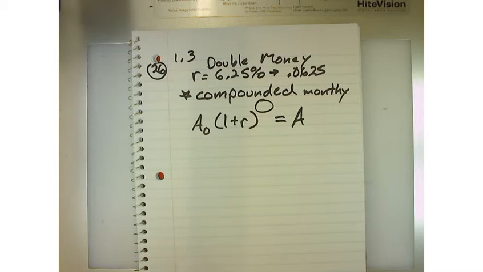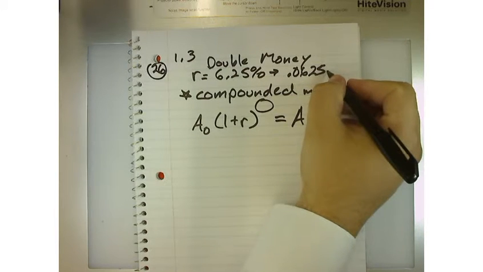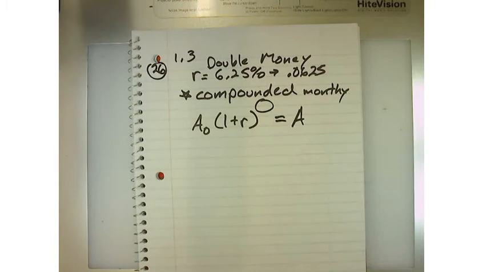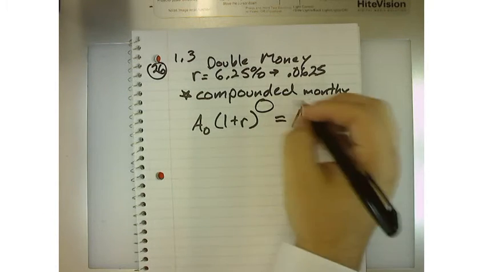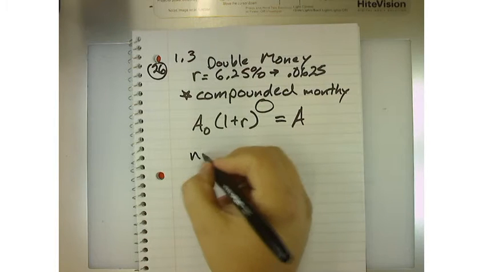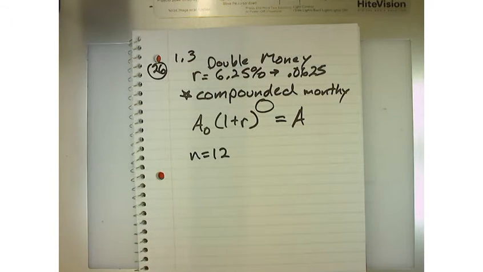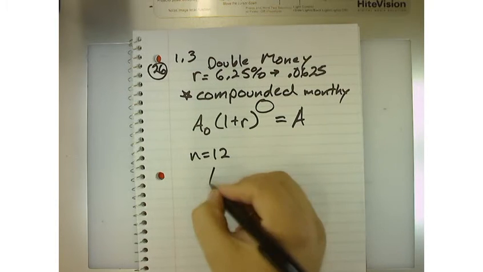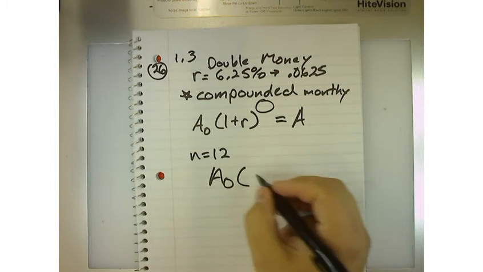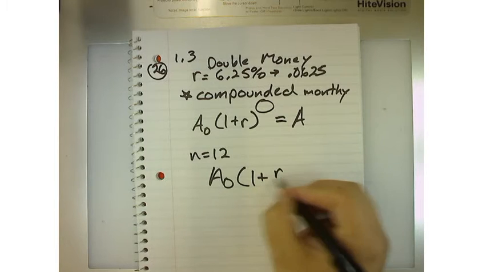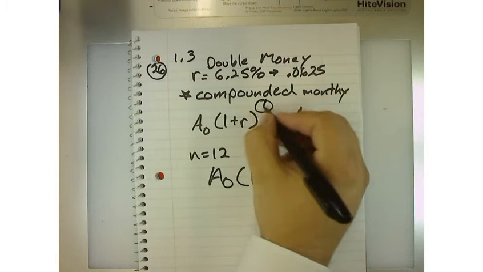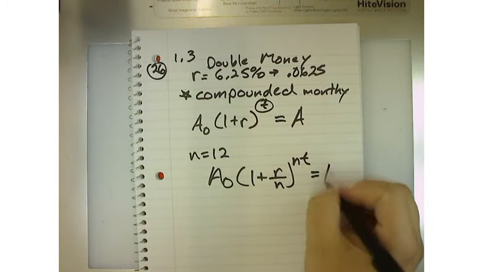They give us an annual percentage rate, but then they say it's compounded monthly. So n is the number of times it's compounded, so n is always going to equal 12. So we take this variation of the formula, A naught times 1 plus r over n, raised to the n times t, because normally there's just a t in here. That's the only variation.